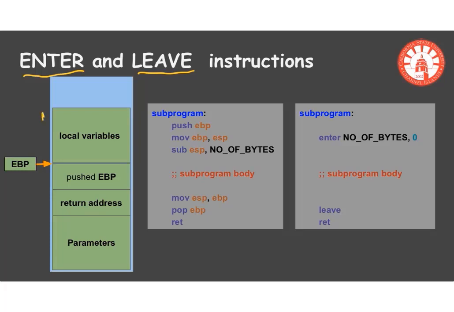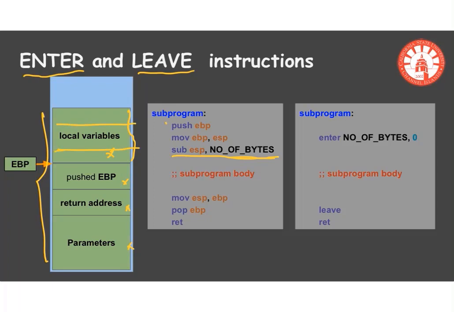As you know, this is our stack frame, with local variables here, EBP here, the return address, and our parameters. We create the local variables using this command: sub ESP, number of bytes, where we define that number of bytes by 4 times the number of elements that we have as local variables in here.